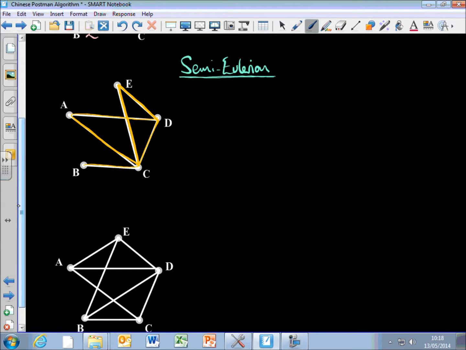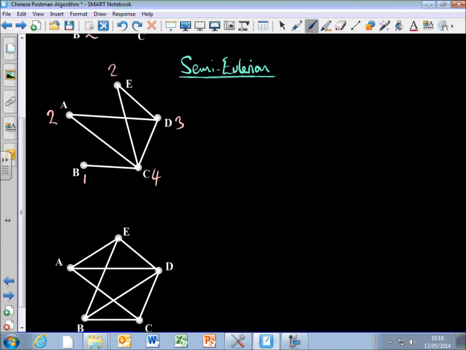And if we look at this network now, I see that A has an order of 2, E has an order of 2, C has an order of 4, D has an order of 3, and B has an order of 1.